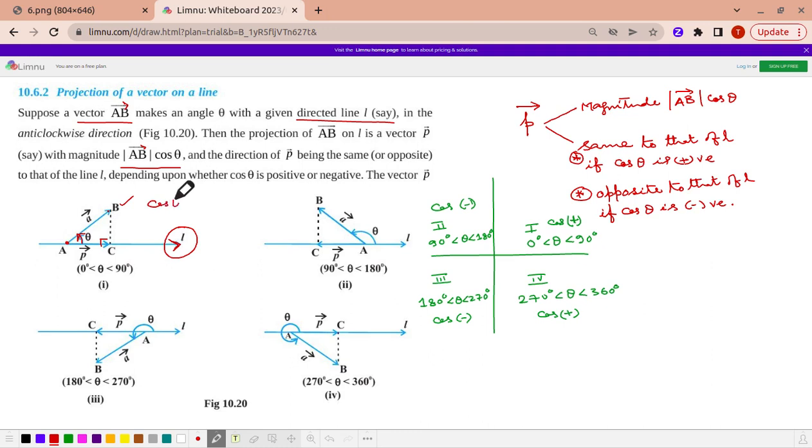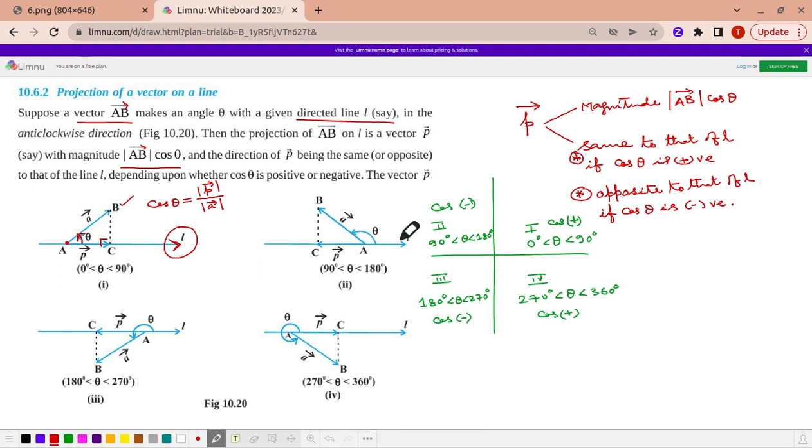In fact we can write cos theta equal to mod P by mod A. So this is the way the projection happens, and you see that the direction of the vector P and the direction of the vector L are both in the same direction.